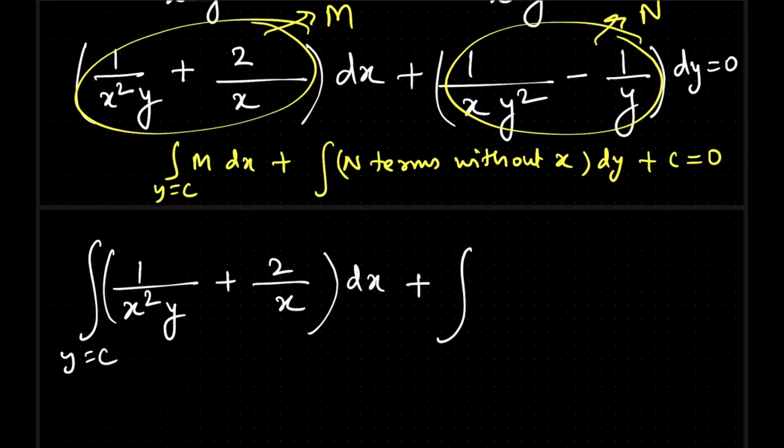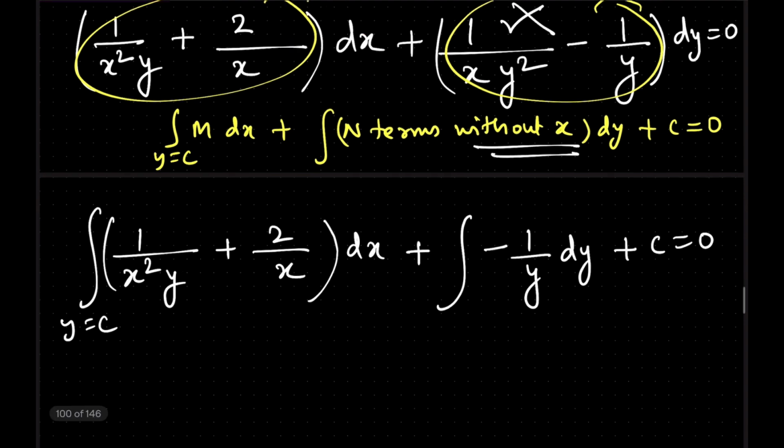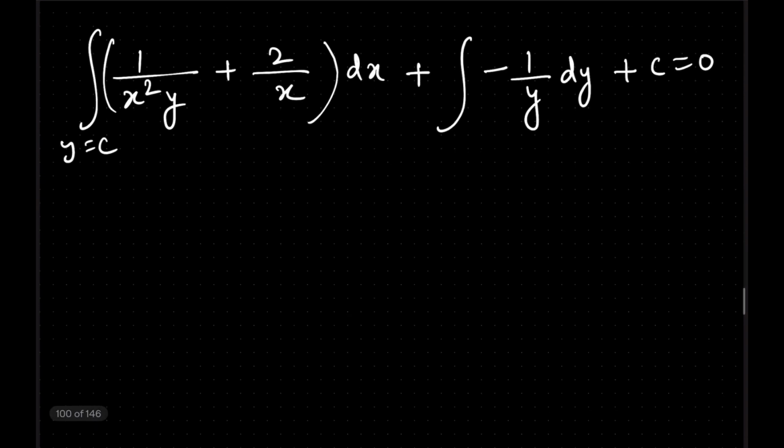So you have to keep y as constant, plus the second term is n terms without x term. So this term you have to ignore because this is having x. So only term that is without x in n is minus 1 by y. So you have to integrate this plus c equal to 0. So this is your final solution.